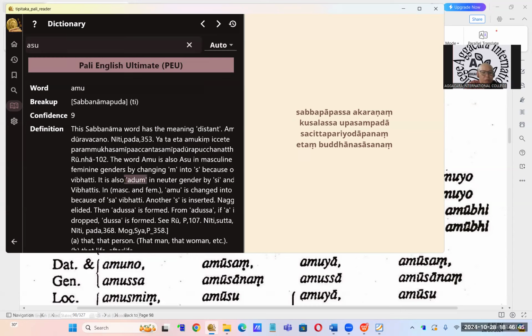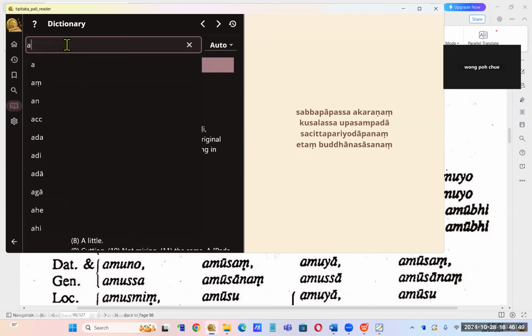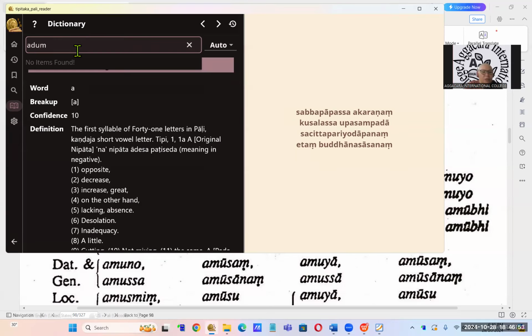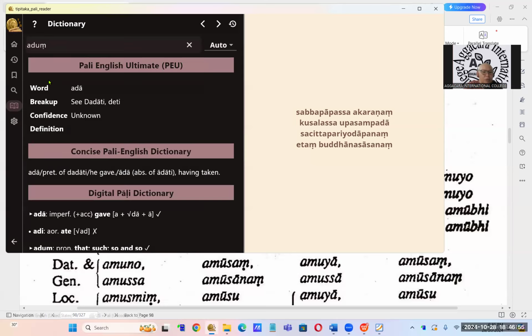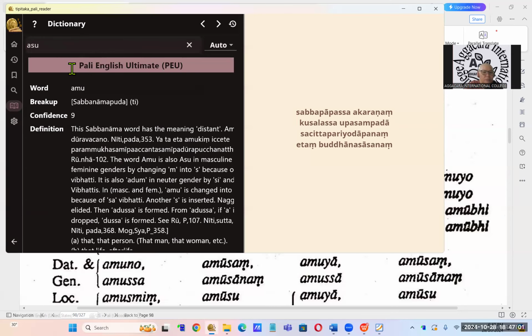There's also another one, adum. Another one, adu. This is the word adu. There's another adu also, not this one. No, asu. The Burmese dictionary gives amu as also asu, by changing the M into S because of the vibhatti.